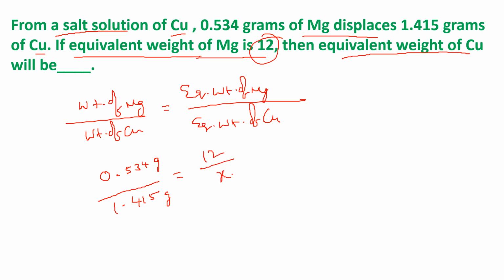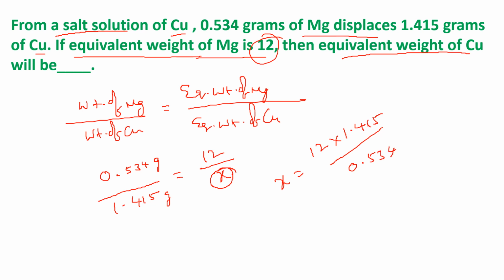Then here you are going to find the equivalent weight of copper, that is X, equal to 0.534. Then you want to calculate X. How will you calculate that? X is equal to 12 into 1.415 divided by 0.534.